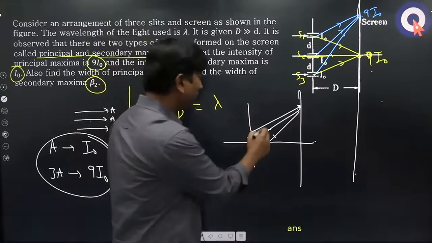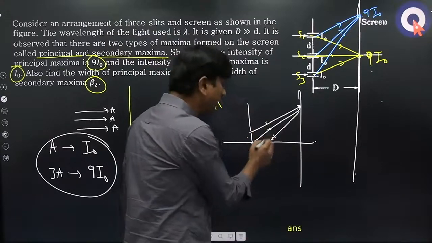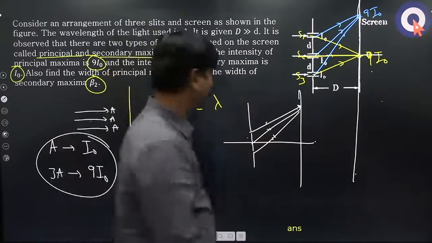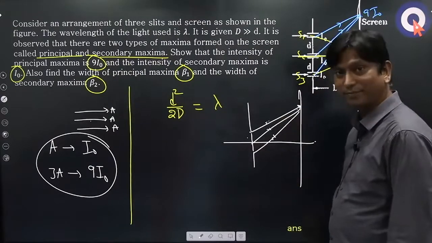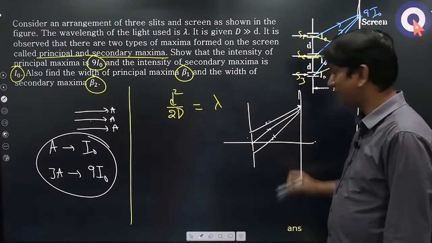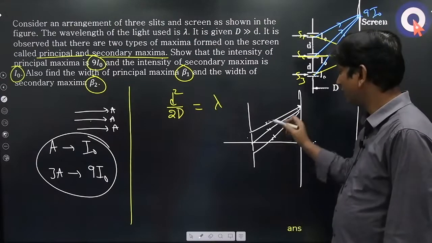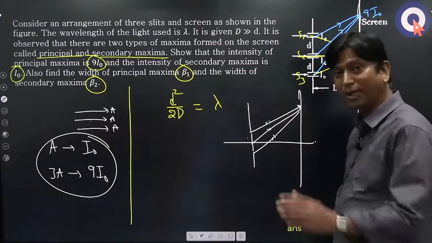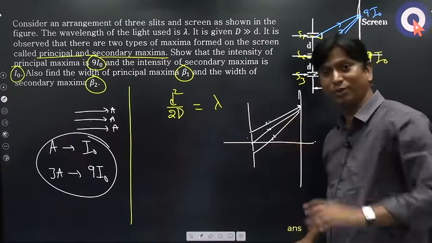So once again, between these two, if I take lambda, between these two also I'll get lambda. Means between this one and this one, I'll get 2 lambda. Agree or not? First, this one will reach. This is reaching faster than this, and this is reaching faster than this, right or not? So completely, this will lag. So this will lead by this by an amount 2 pi, and definitely this will lead by this by an amount 2 pi only.